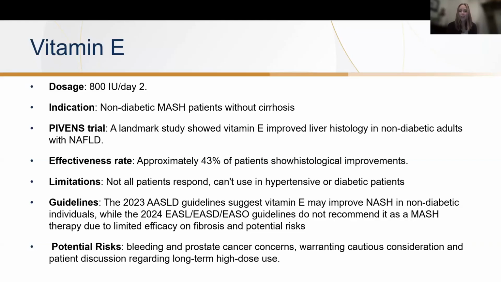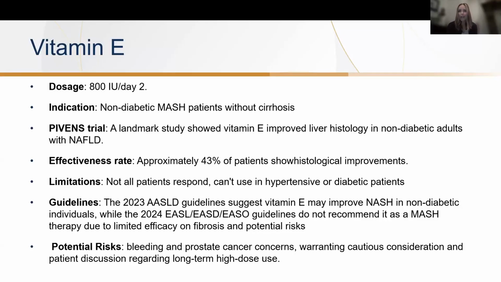As far as the guidelines, they differ. In 2023, the AASLD guidelines suggest vitamin E may improve NASH in non-diabetic individuals. But then in 2024, the EASL guidelines do not recommend it as MASH therapy because of limited efficacy on fibrosis and potential risks. So what is the mechanism of action?